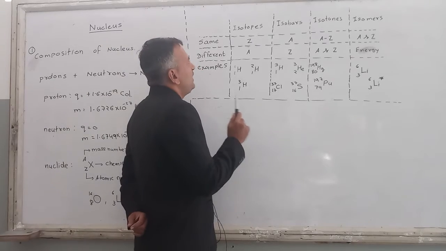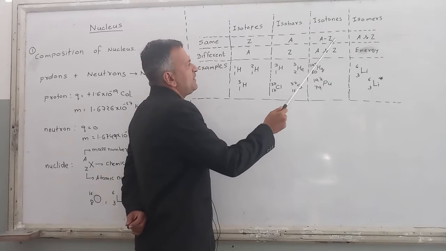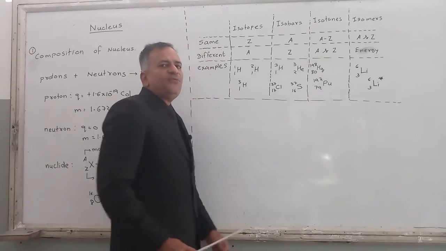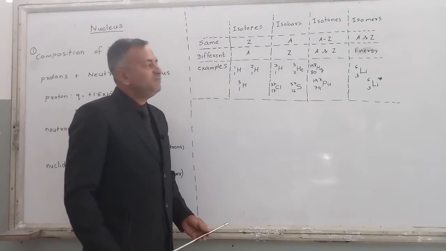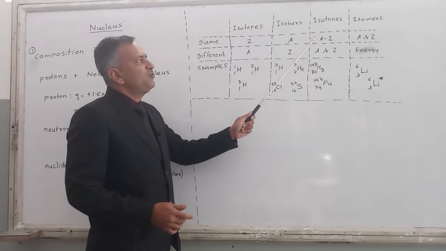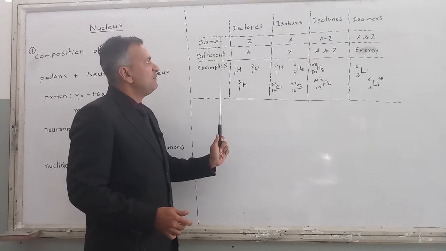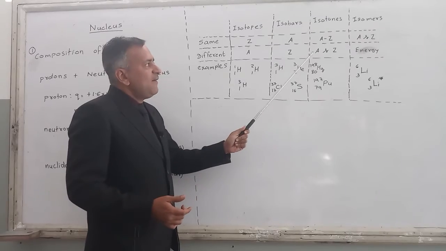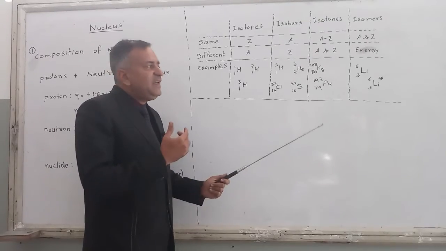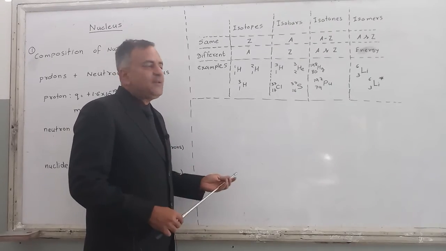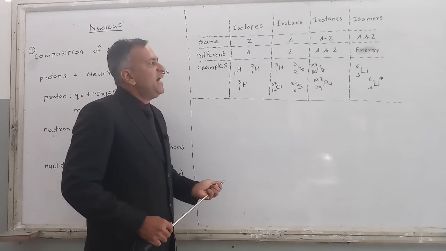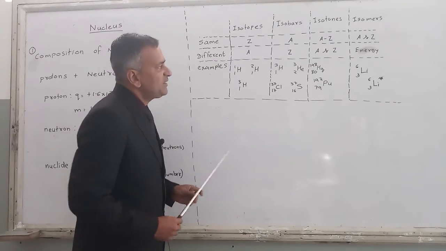Isotones, what is same? A minus Z, that is number of neutrons are same. When you do A minus Z, you get number of neutrons in the species. That is same. What is different? A or Z may be, it may be that A is different, it may be that Z is different, or it may be that both are different. Let us take a look at the example.